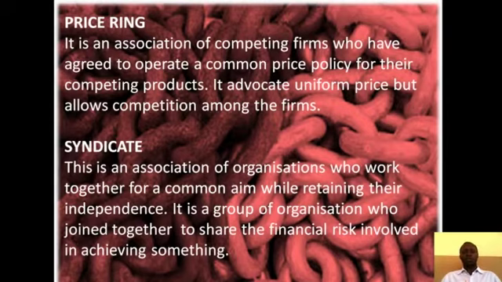They can compete, let's say, by reducing the standard of their products, let's say the weights, the quality, as the case may be. But one thing that is sure is that they have a singular price and competition is allowed to thrive when it comes to price range. They come together to advocate for a common price.